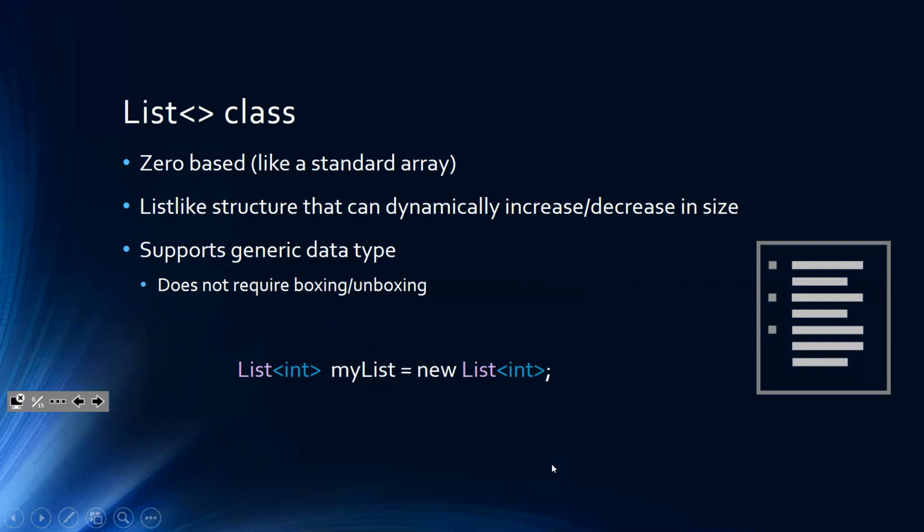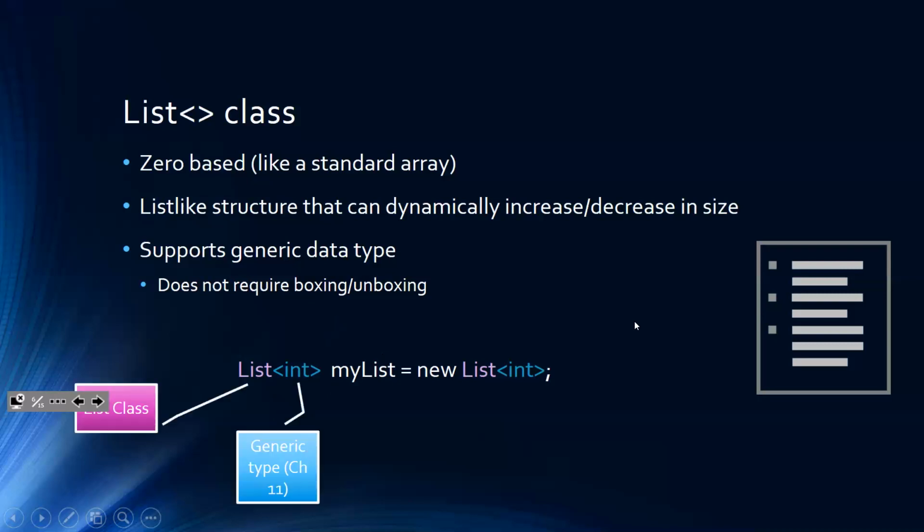So I could make that a list of football teams if I wanted to. So when I'm working with a list, I don't have to worry about that boxing and unboxing, because since a list is an object, all of the items in that list are already objects, and we're not going to have to worry about everything being boxed.